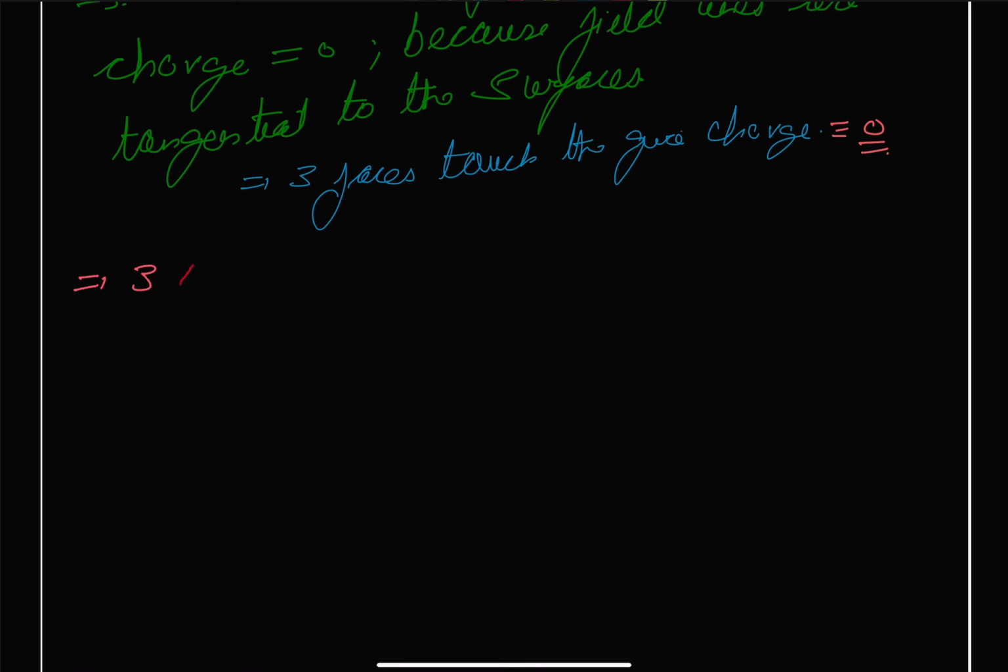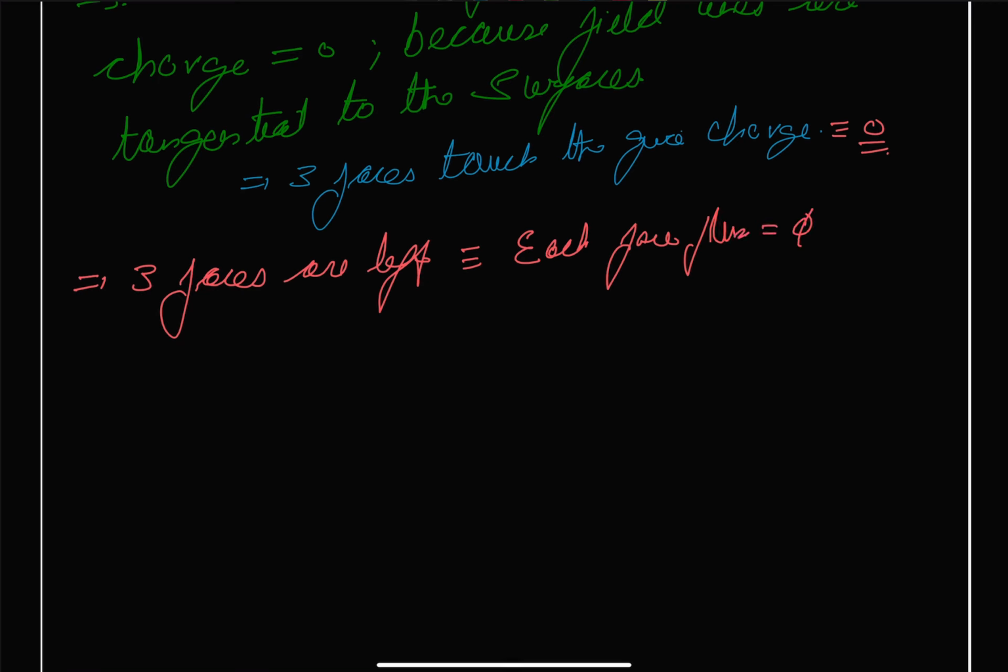So therefore each face flux, that is our phi, will be equal to 1 by 3 of q upon 8 epsilon naught.